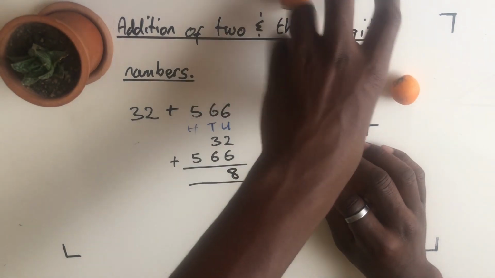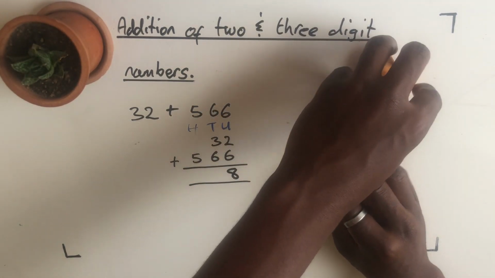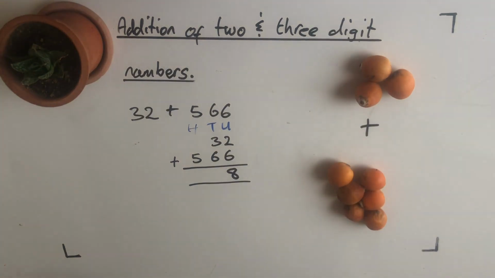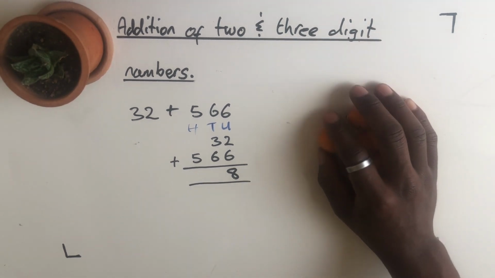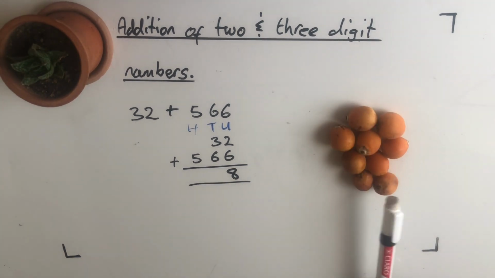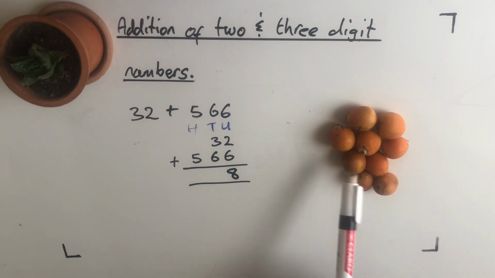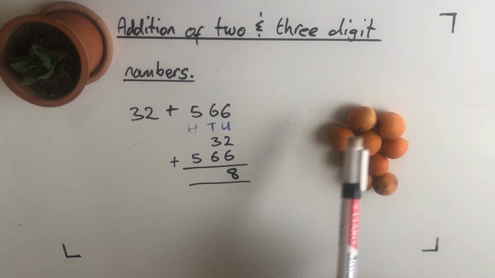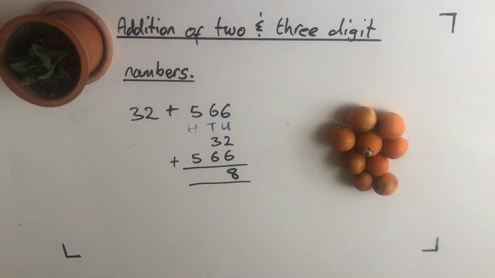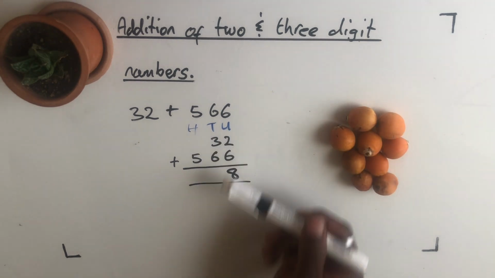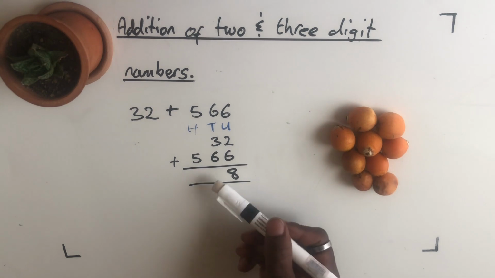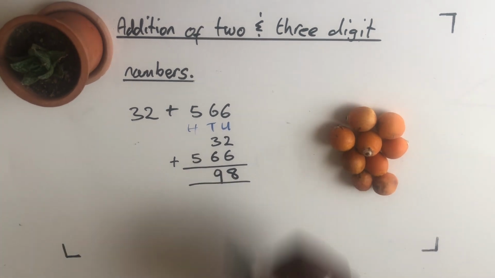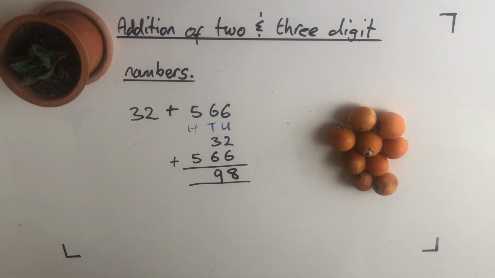So I put these two together, like so. That gives me 1, 2, 3, 4, 5, 6, 7, 8, 9. So 3 tens plus 6 tens will give me 9 tens, right? So that's 9 sets of 10, okay?